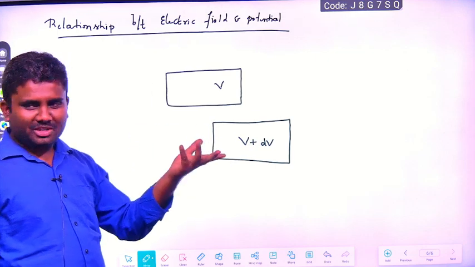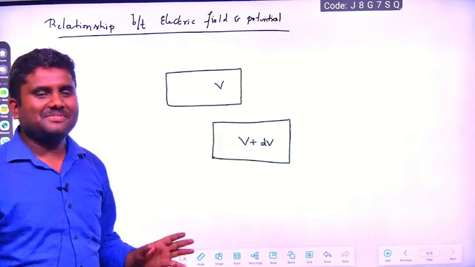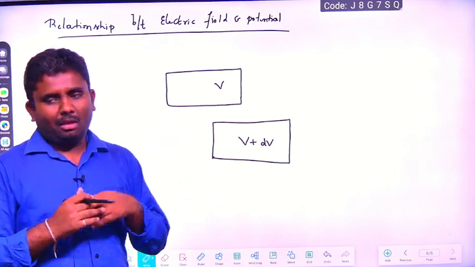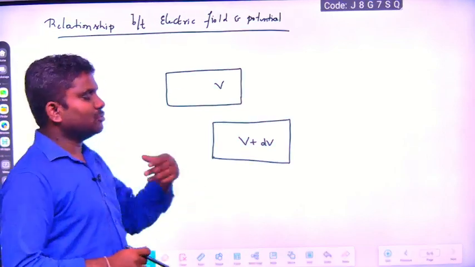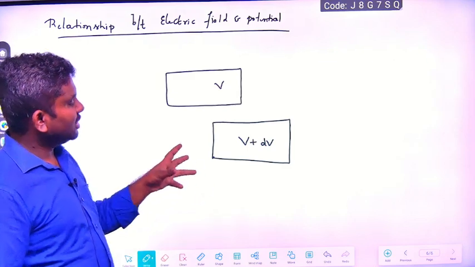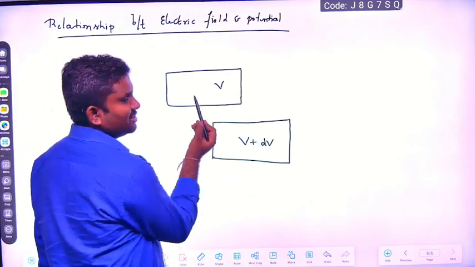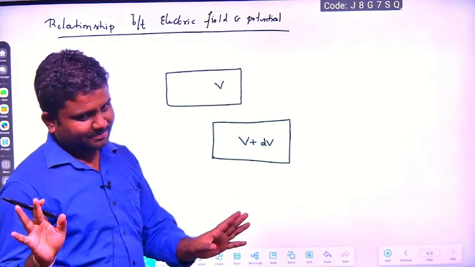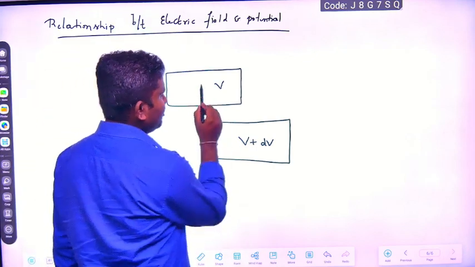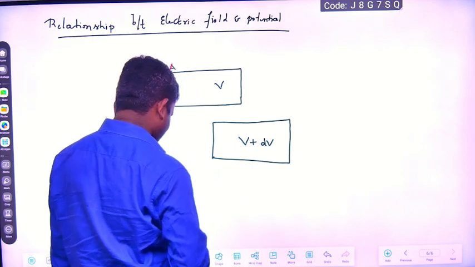This surface has a different potential. Any point on a surface has the same potential. So these are the two surfaces. Now, I will move the charge from one surface to another surface. I will name this surface A.